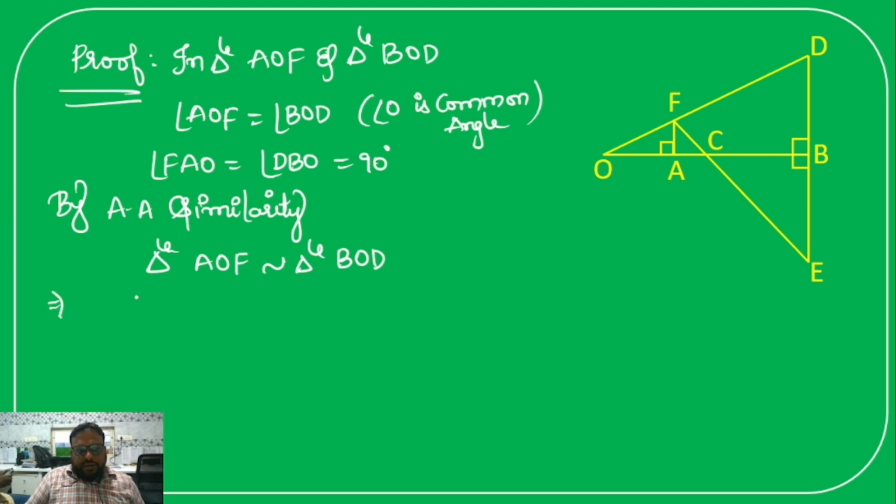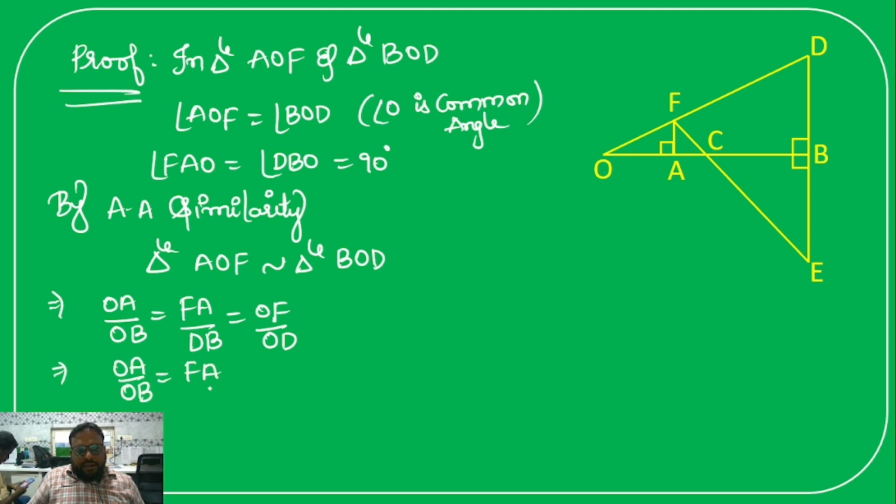So I can write OA by OB is equal to FA by DB is equal to OF by OD. From these three, I will consider only OA by OB is equal to FA by DB. This is one thing I got from the above, so let's name this as equation 1.